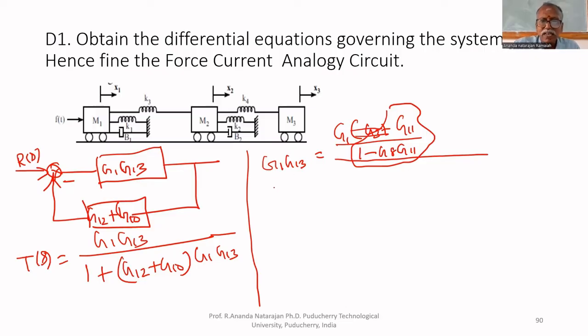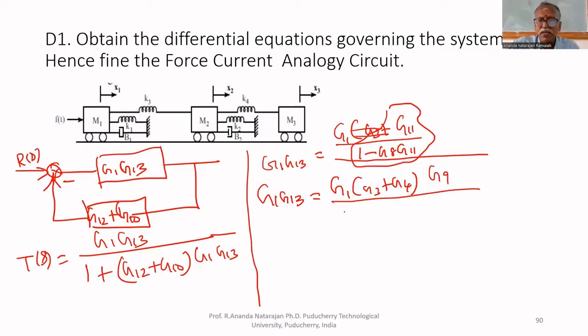Now we can substitute G11 here. G1 G13 equal to G1, G11 is G3 plus G4 multiplied by G9. That is G11 whole divided by 1 minus G8 (G3 plus G4) multiplied by G9. That is G11 substituted. Now we have to substitute G9.